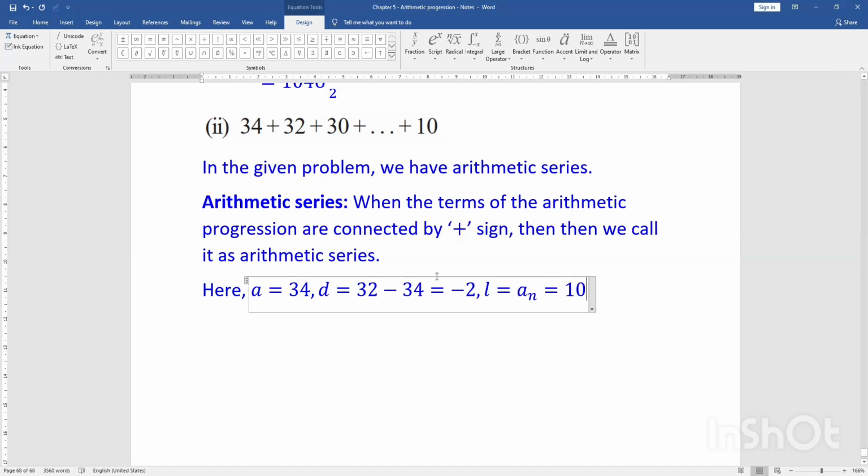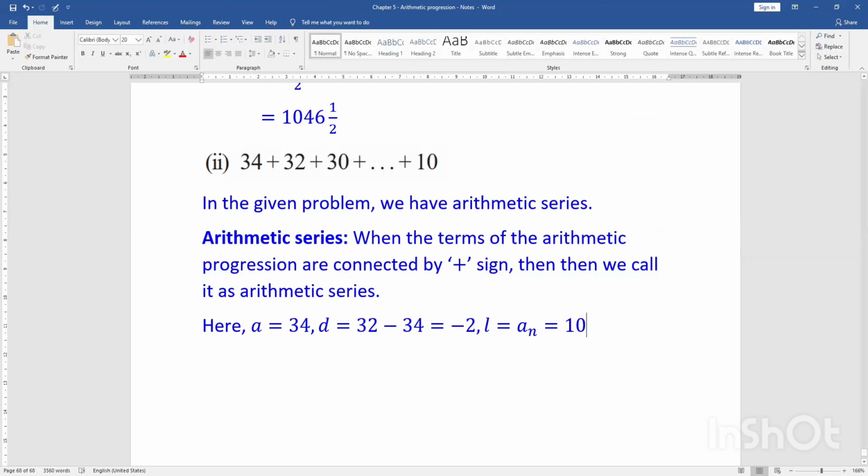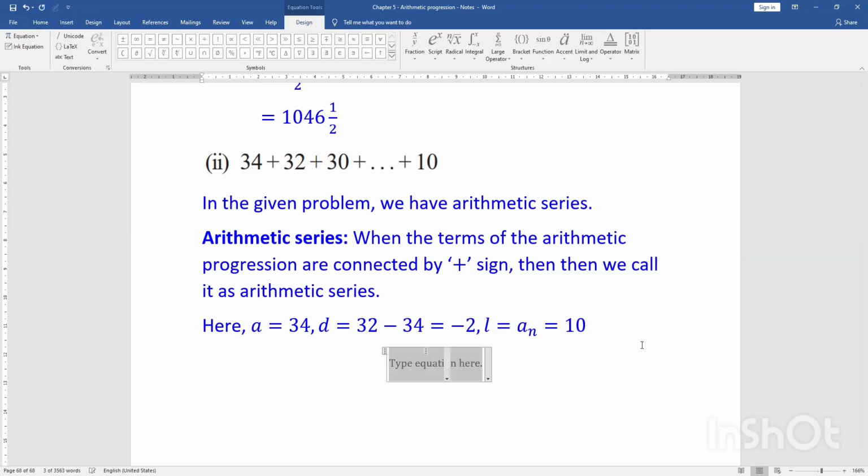And then what do we need to find out? Let us find n, and finally we also need to find the sum. So first we will find n. We need to find n, and then also S_n.